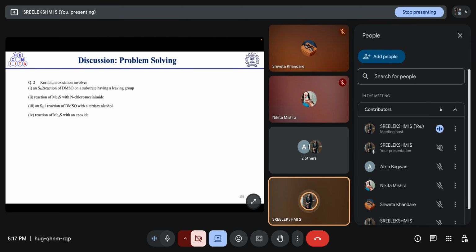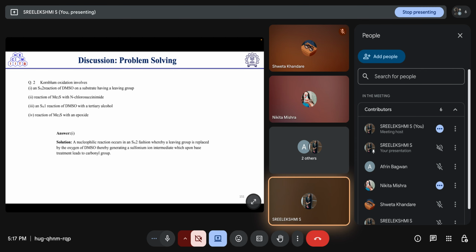That base can be K2CO3, potassium carbonate, or sodium bicarbonate. So the first option is the correct answer, an SN2 reaction of DMSO on a substrate having a leaving group will take place. So this sulfonium ion intermediate will result, which will lead to the formation of our oxidized product.